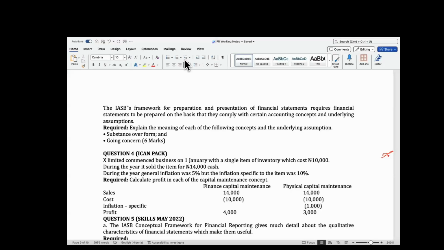That's very correct. So financial reports should be prepared on the assumption that a company will continue to operate into the foreseeable future and it does not have any plan to liquidate in the future. It doesn't have any plan to shut down the business. That's correct. Nice one, Eko. What about substance over form?